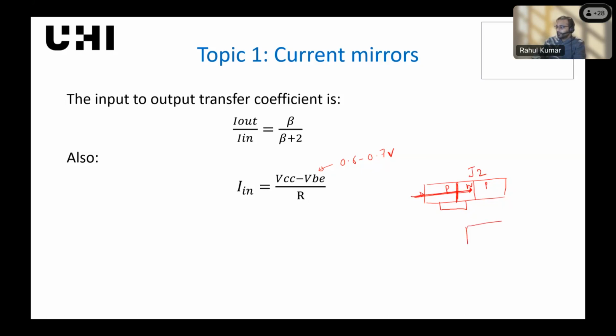So in a way, it acts like a diode, and the voltage drop across a diode is between 0.6 and 0.7 volts. That is why I am saying the base emitter voltage will be between 0.6 and 0.7 volt, because you have connected the base and collector together.